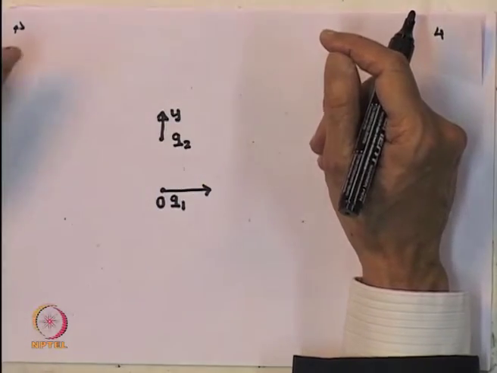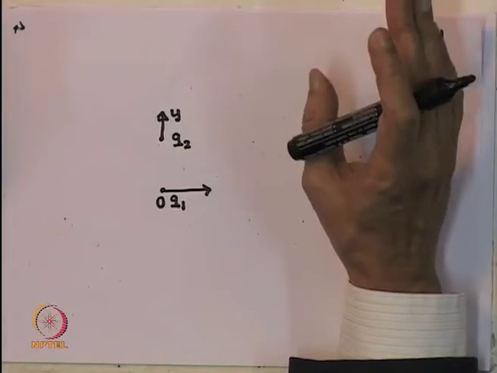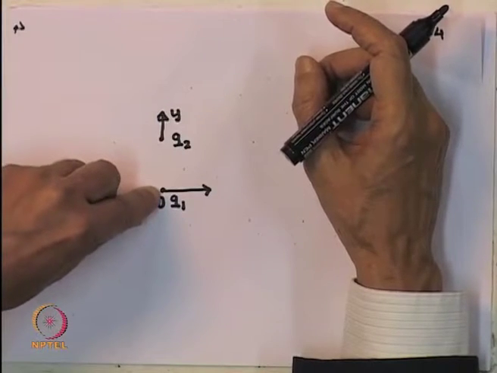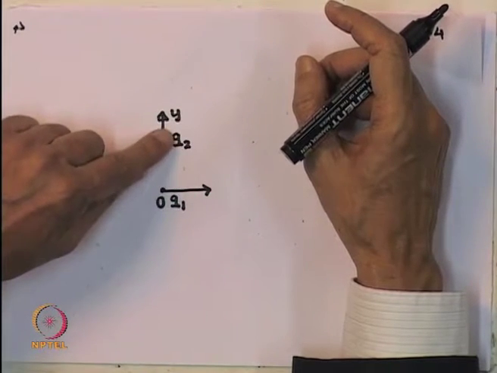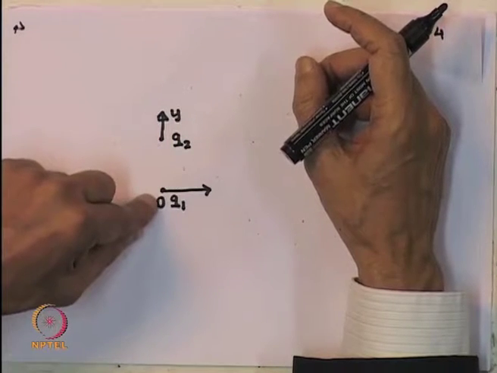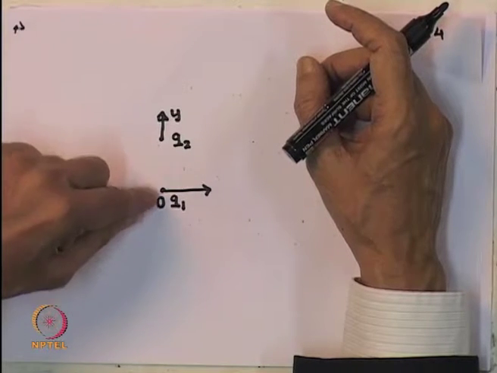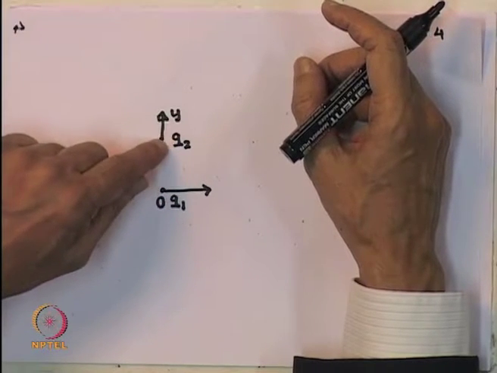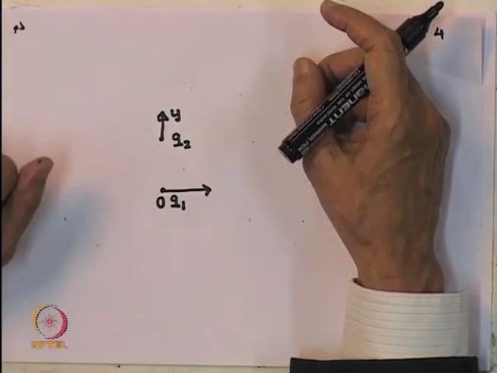Now, notice, so far as the electric fields are concerned, there are no issues, because at the instant when q 1 is going towards the right, this distance is known, let us say d. The force on q 2 due to q 1 is 1 over 4 pi epsilon 0 q 1 q 2 by d square, and equal and opposite would be the electric force due to q 2 on q 1.